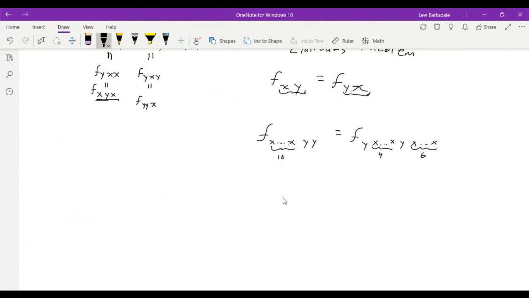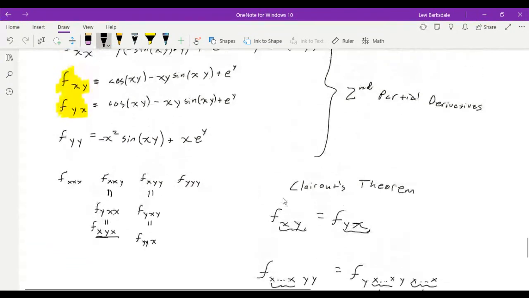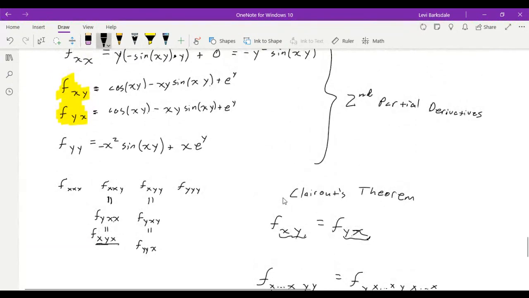Because here you have x 10 times and y twice, and here you still have x 10 times and y twice. So these two partial derivatives would be exactly the same. And that can be helpful because it means you're not computing quite as many partial derivatives.